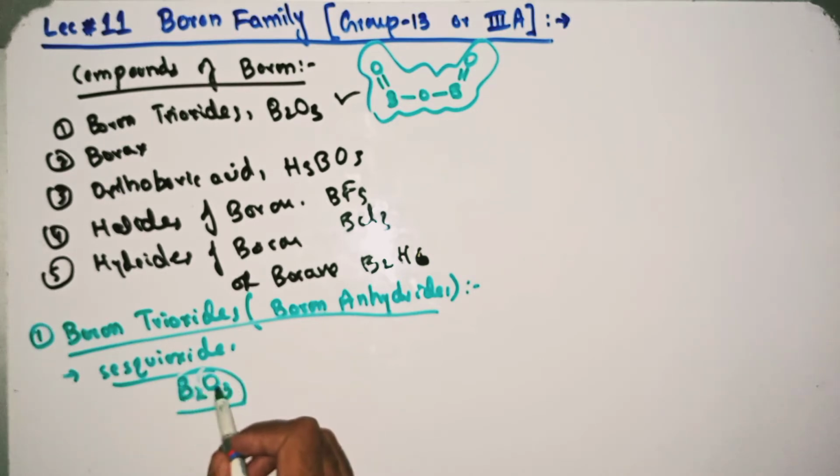Here there are 3 atoms of oxygen and 2 atoms of boron, the B2. So that's why it is called a sesquioxide. It follows the sesquioxide definition.